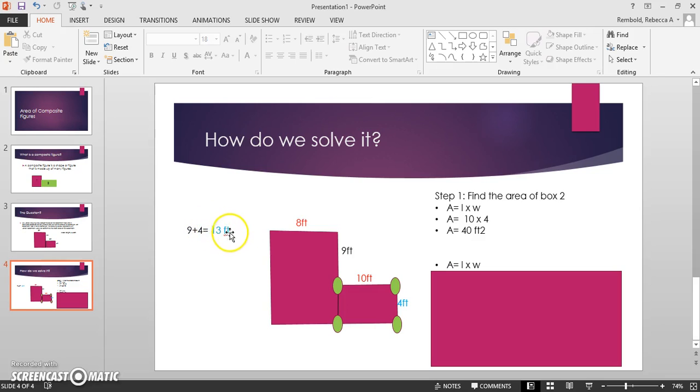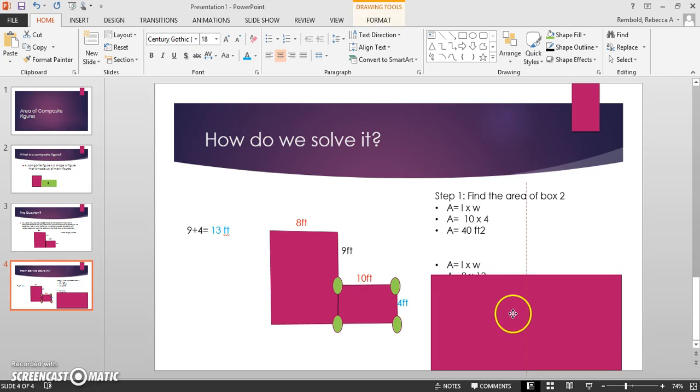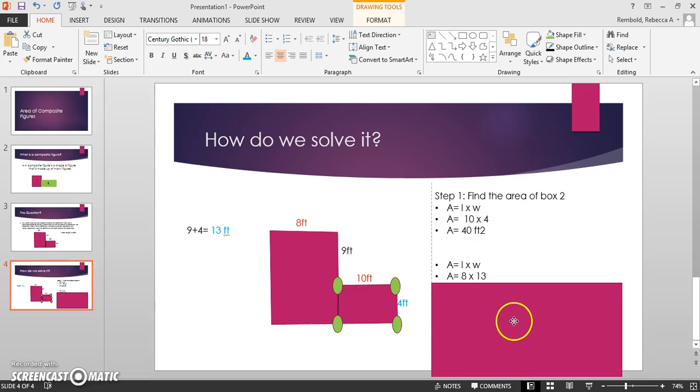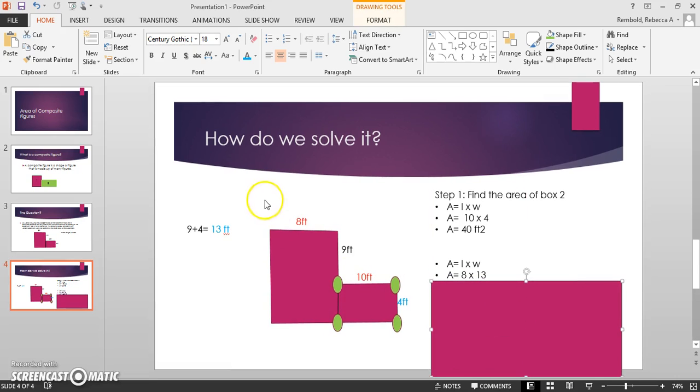Now, I highlighted this in blue because this is our new length that corresponds with our width of 8 feet in order to find the total area of the first box. So, over here in my formula, I am going to write A equals 8 feet times 13 feet.